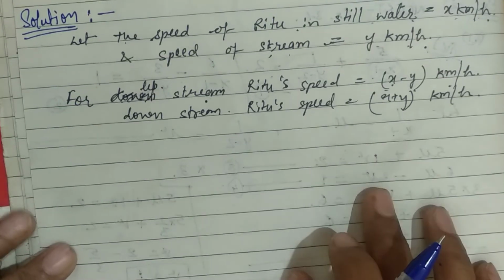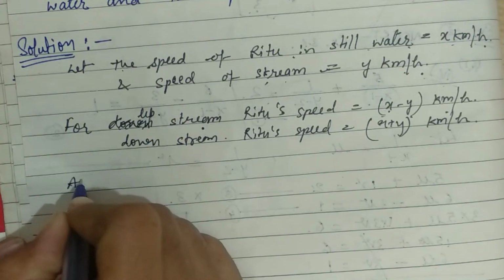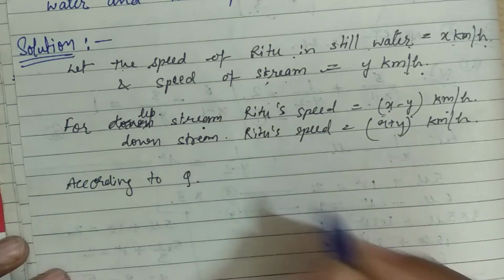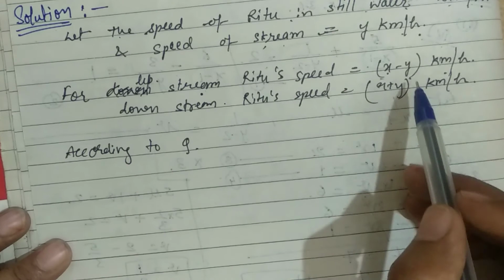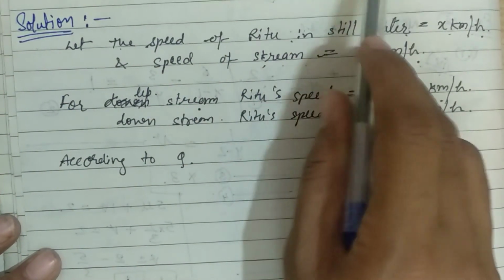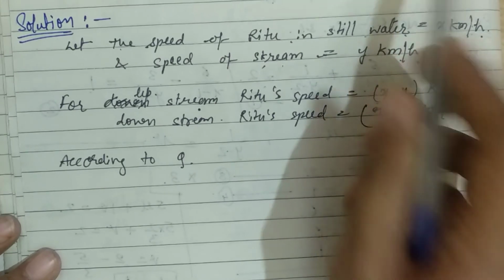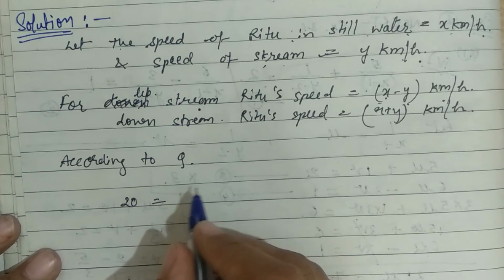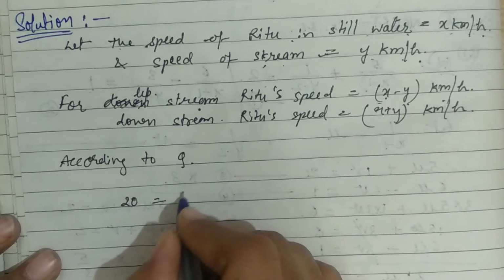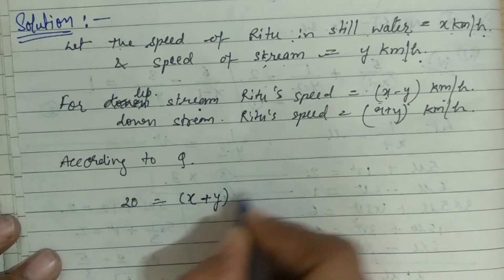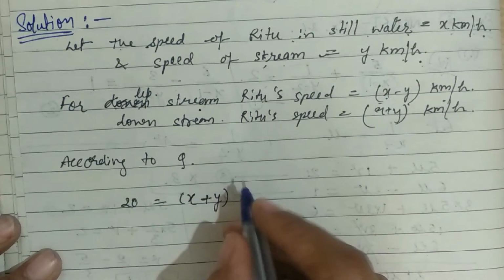Now according to the question, in the downstream 20 kilometers in 2 hours. So distance equals speed into time, that is speed x plus y into time 2.